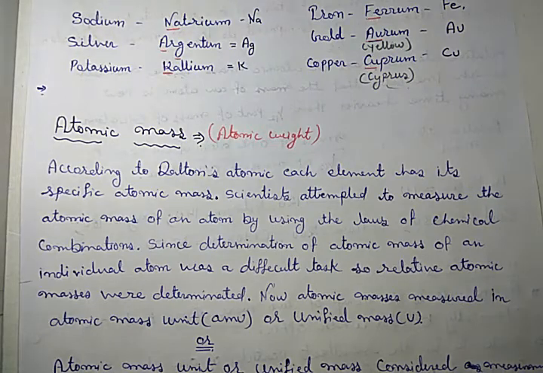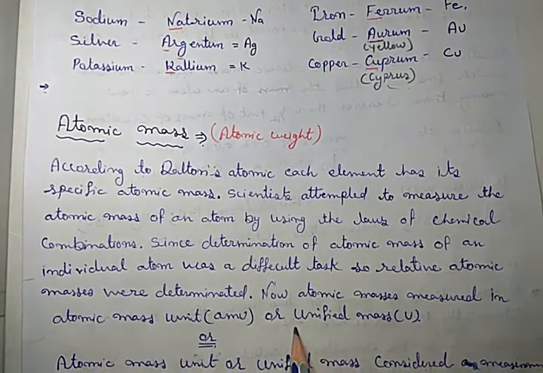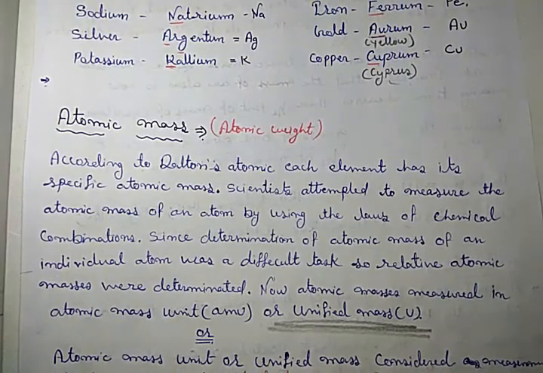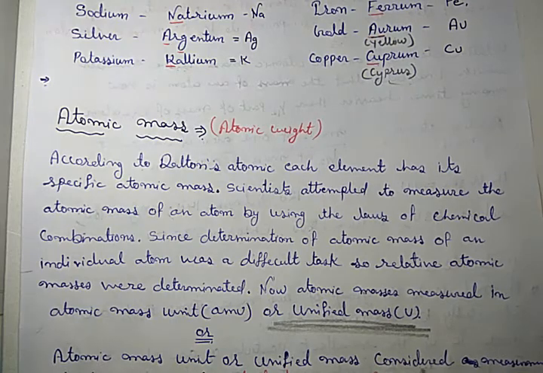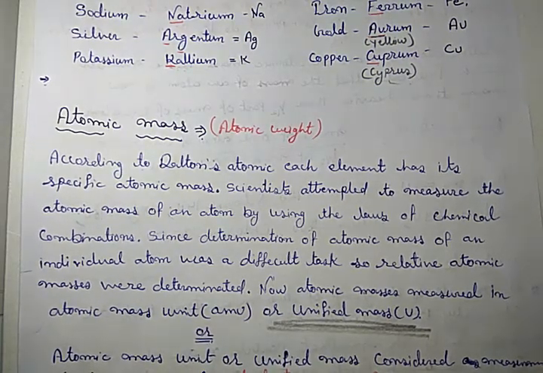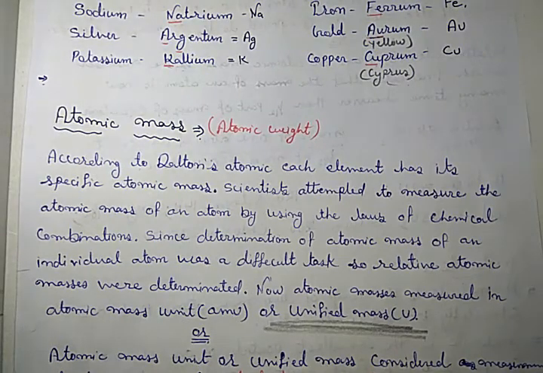Now, atomic mass is measured in atomic mass unit, which is AMU, or unified mass unit U. In modern time we use unified mass U to represent the atomic mass. So the atomic mass unit AMU or unified mass U is considered the unit of atomic masses.